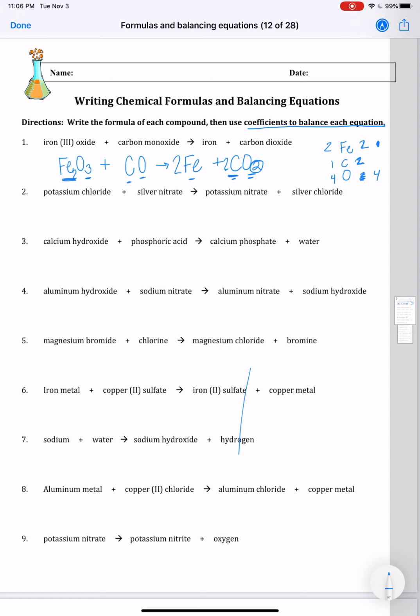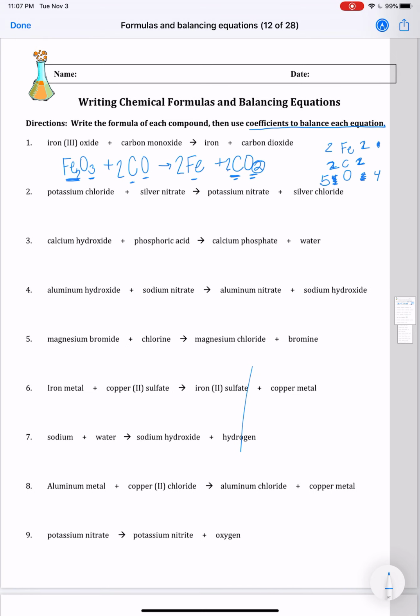So let's go back over to the left and get another carbon. If I get 2 carbon there, that's going to fix my carbon problem, but it's going to give me an oxygen problem. Now on the left, I have 5 oxygen, okay? So I'm going to need more oxygen on the right.